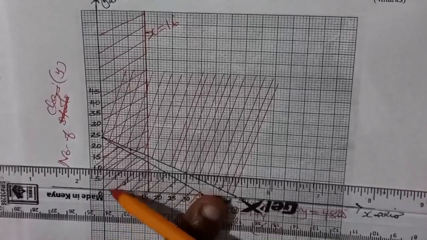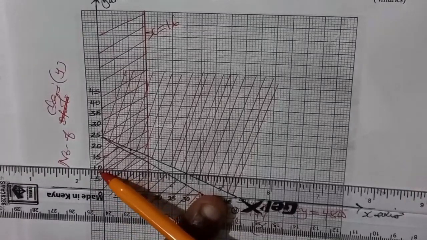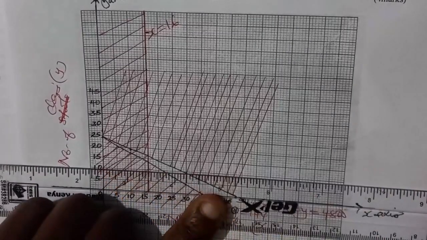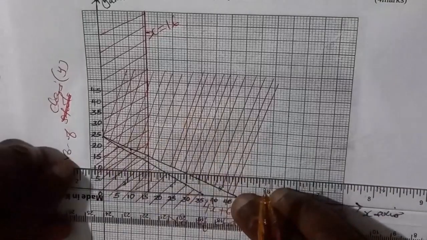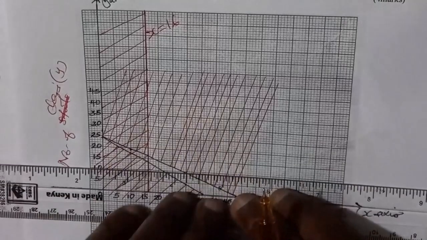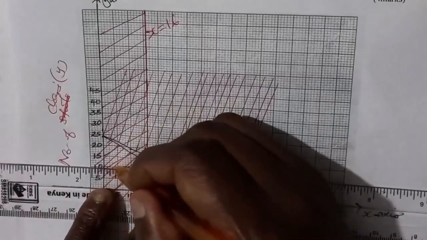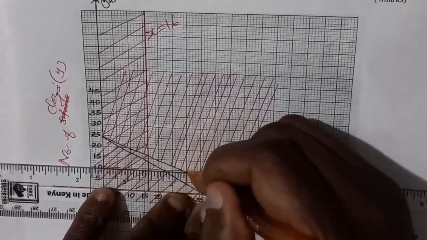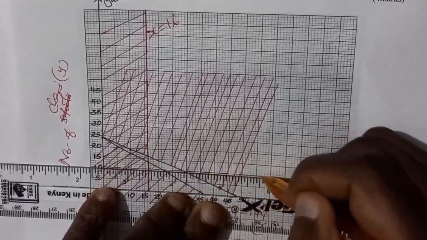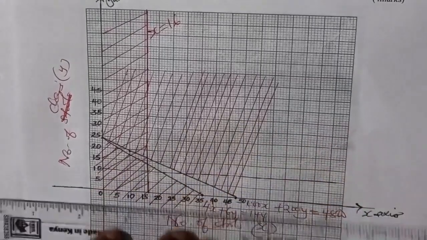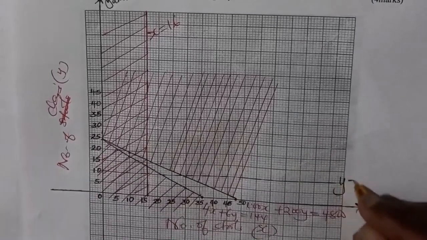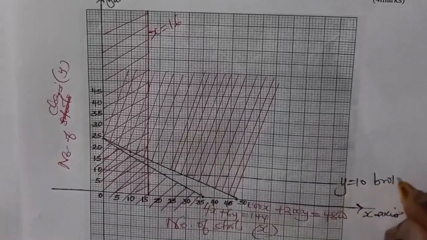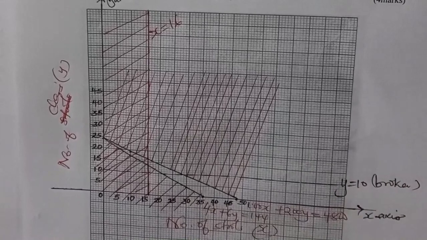You can see we have 10 here. So that line should be broken. It is a broken line.